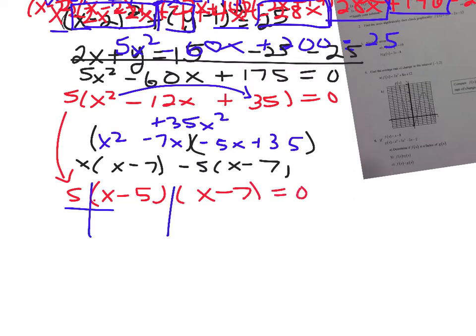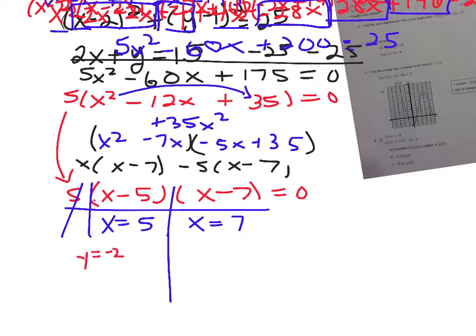So I do my t-chart. Nothing happens here. x equals 5 and x is equal to positive 7. All right, so now after you get your x values, you have to get your y values. So I'm going to plug it into the linear. y equals negative 2x plus 15. So y equals negative 2 times 5 plus 15.